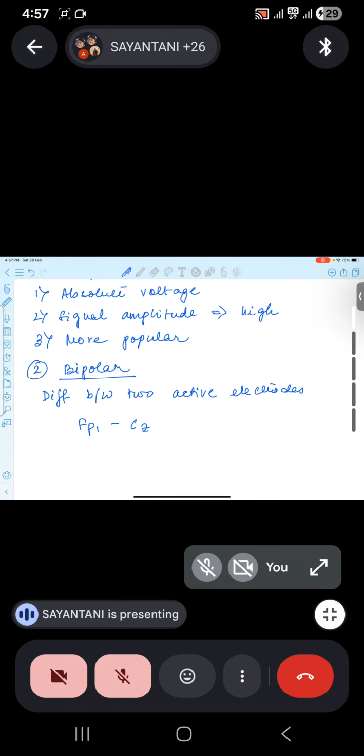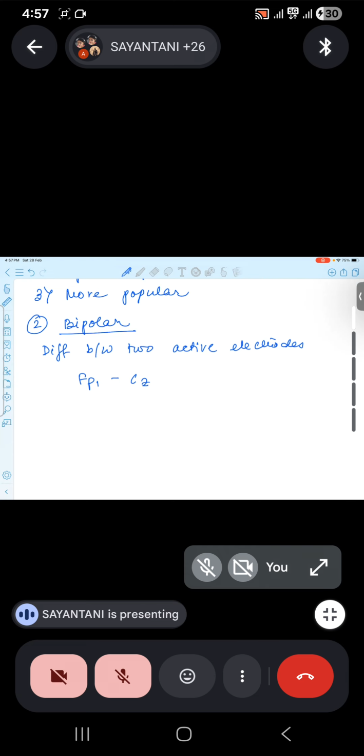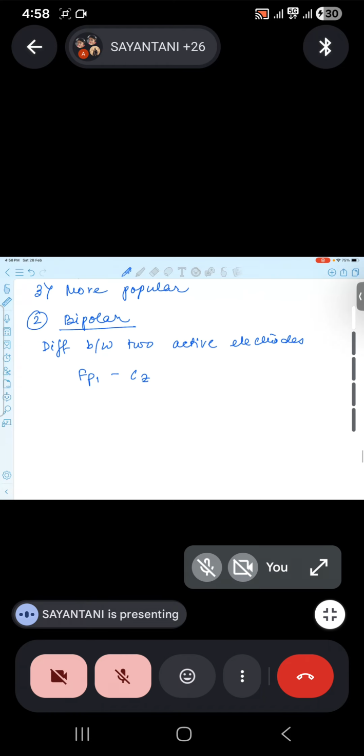This difference is what you are recording. Okay. They are not very popular because it is better to get an absolute value rather than this difference, right? They are used for very specialized machines which are typically reserved for certain categories of diseases like epilepsy detection. So the application is mainly for small devices for epilepsy detection. But the most popular everywhere is unipolar-based recording. All right.